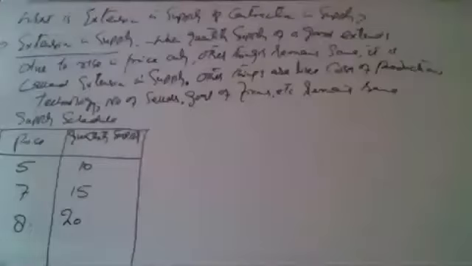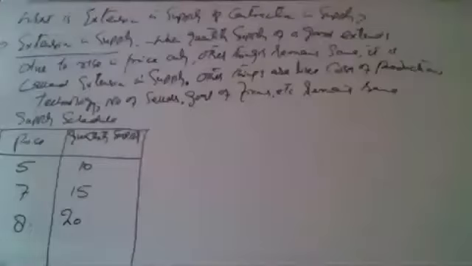OX shows quantity supply and OY shows price. We have here 5, 10, 15, 20. We have here, for example, 5, 10. 5, 10 is price. 5, 6, 7, 8, 9, and 10.